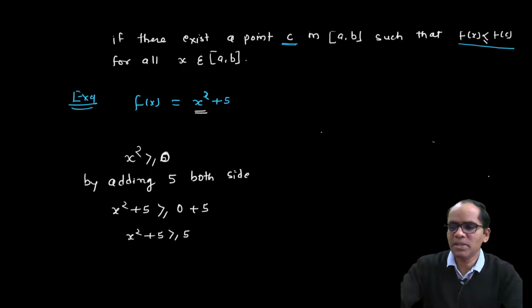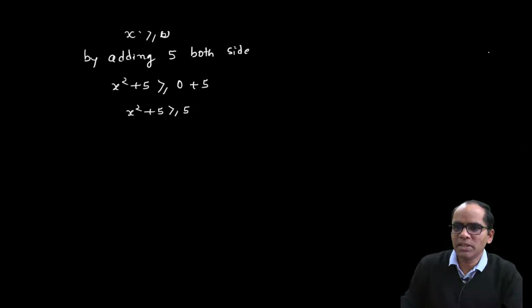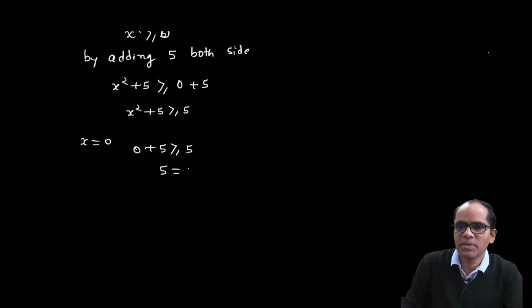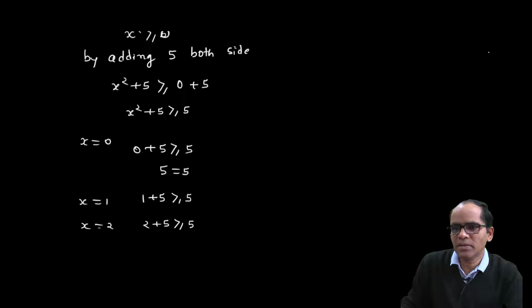And with this function, suppose we check the values. For x equal to 0, 0 plus 5 is equal to 5. For x equal to 1, 1 plus 5 is greater than or equal to 5. For x equal to 2, 2 square plus 5, so after solving, 6 is greater than or equal to 5, 9 is greater than or equal to 5.